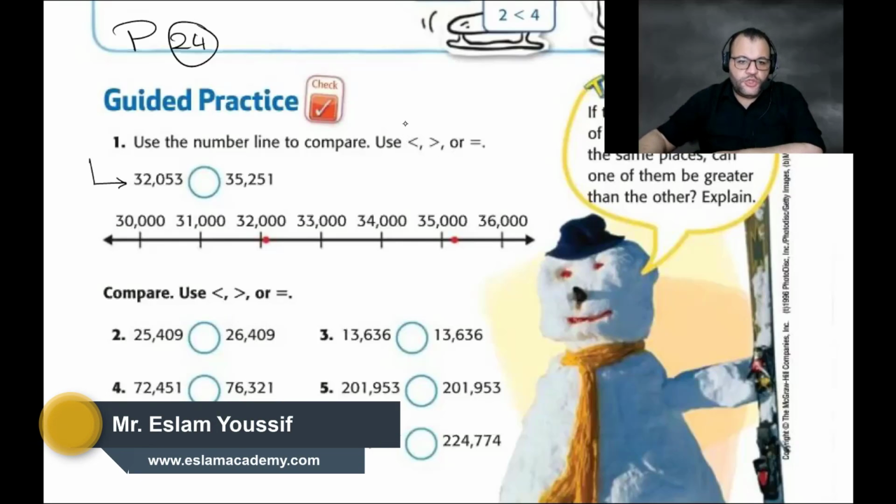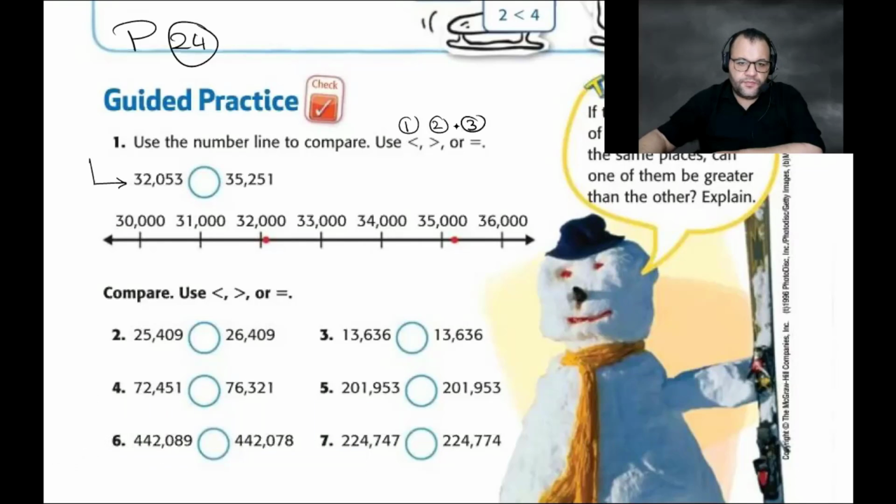So I will choose sign number 1, number 2 or number 3. Number 2. How do we know that the sign is right or wrong? I would erase this one. Why number 1? At first, we count the digits.